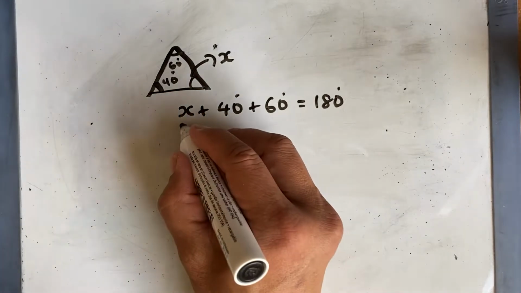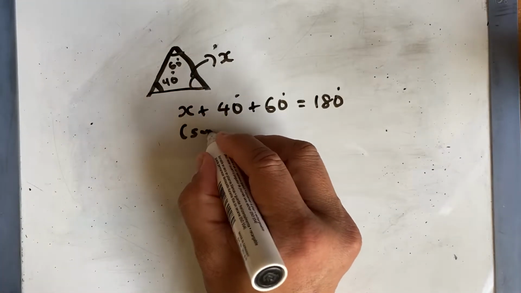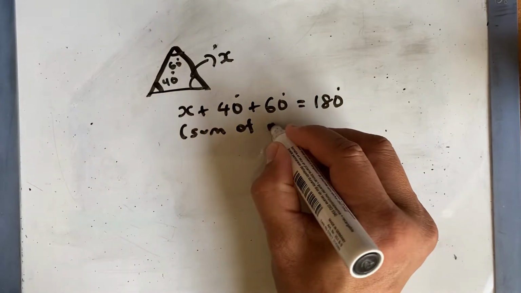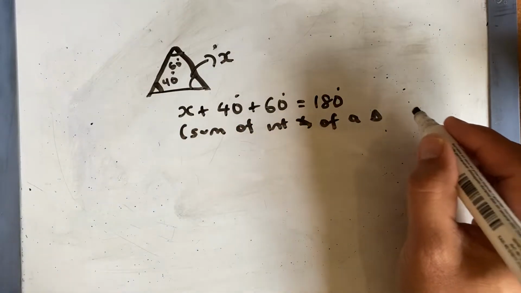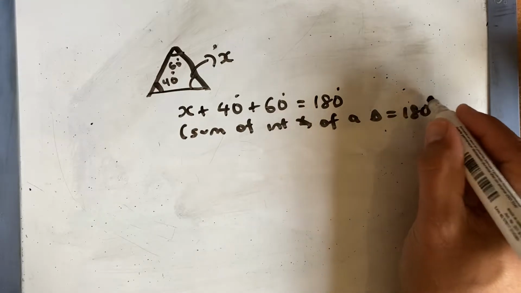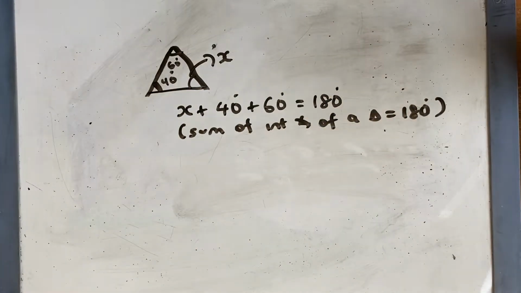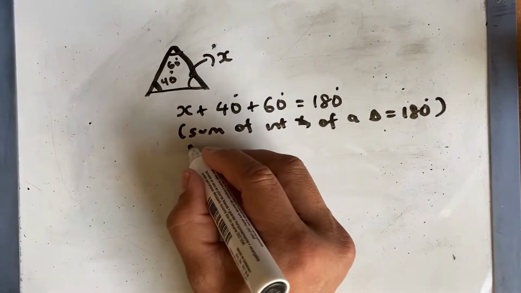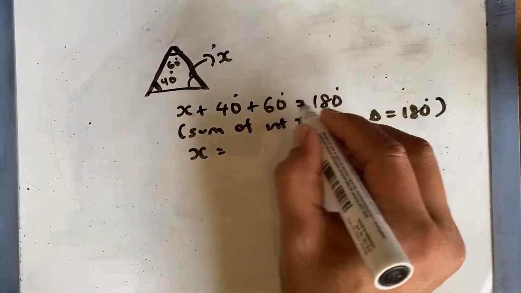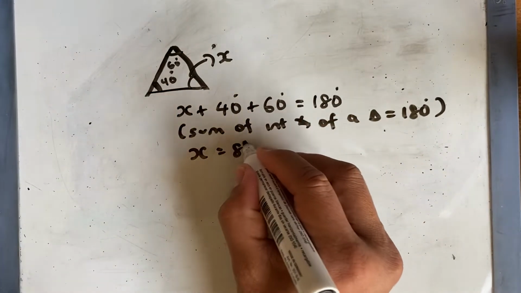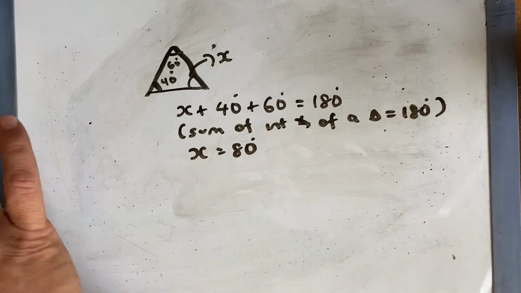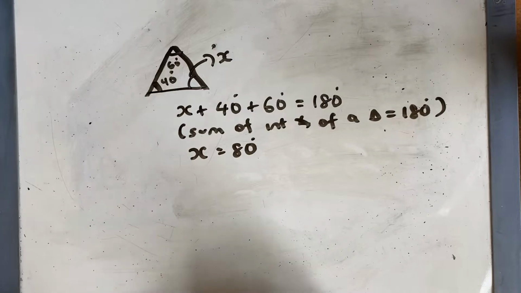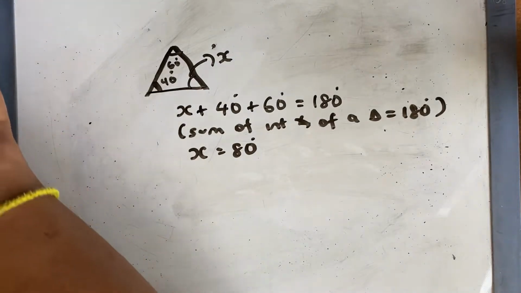The theorem is that the sum of the interior angles of a triangle must add up to 180 degrees. So to get your X, X equals 180 minus the 100, so the answer is 80 degrees. That is how you calculate the angle given two other angles.